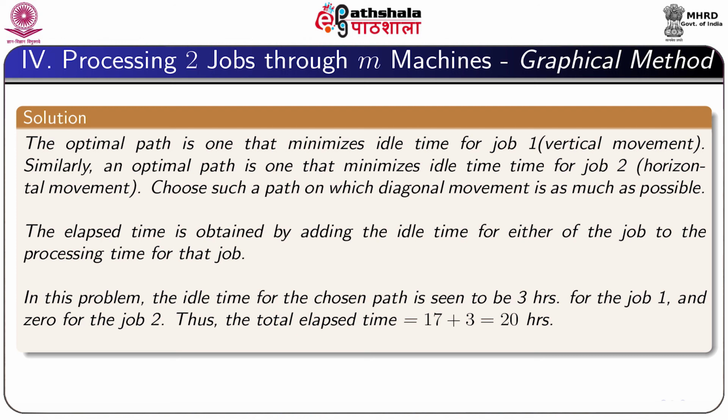So, we choose such a path on which diagonal movement is as much as possible. The elapsed time is obtained by adding the idle time for either of the job to the processing time for that job. In this problem, the idle time for the chosen path is seen as 3 hours for job 1 and 0 for job 2. Thus, the total elapsed time is 17 plus 3 equal to 20 hours.